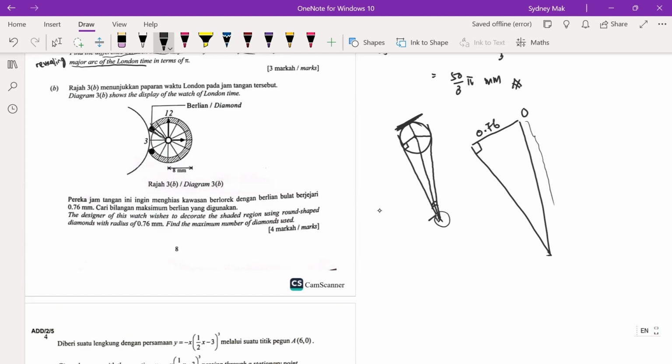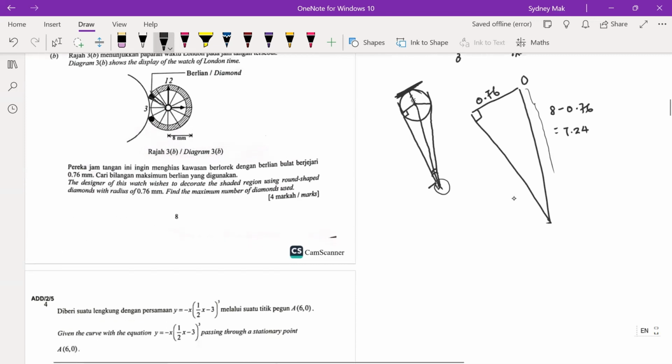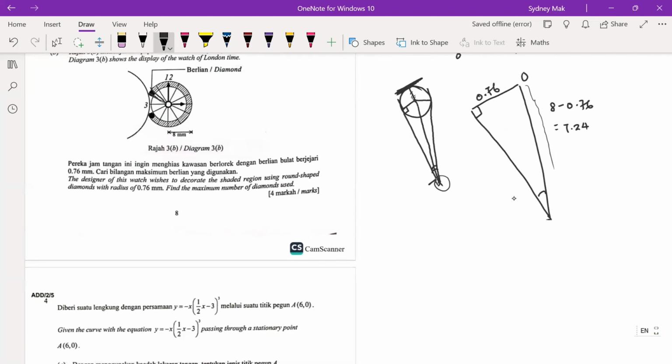But I just need to take away this part to get the length of the hypotenuse, which is 8 minus 0.76, that gives us 7.24 mm. And from there, we can find this angle here.